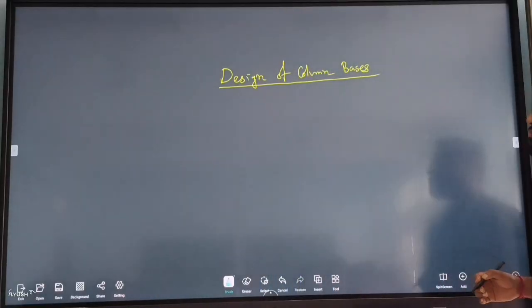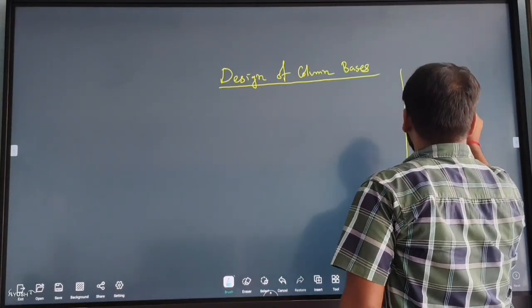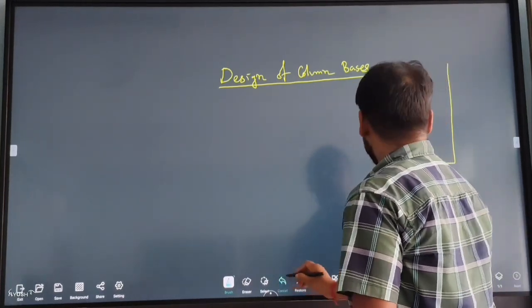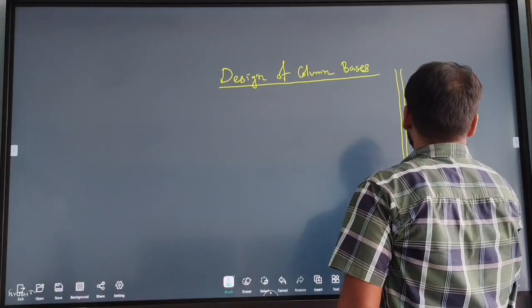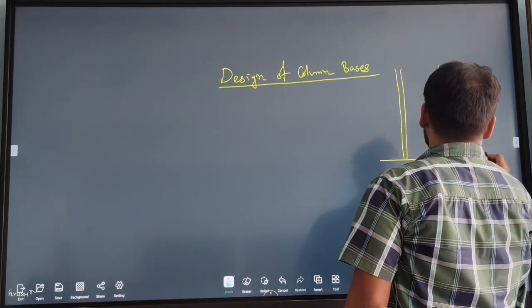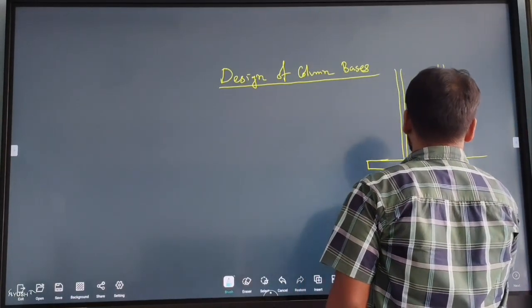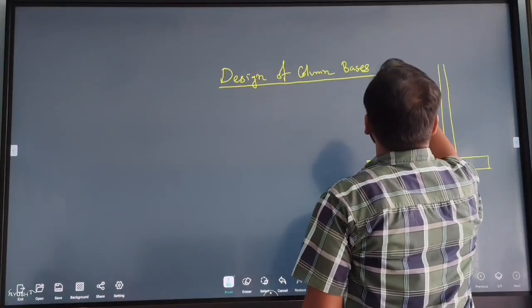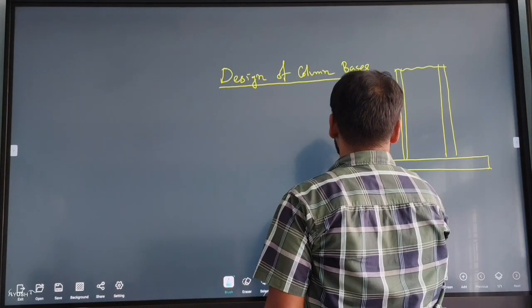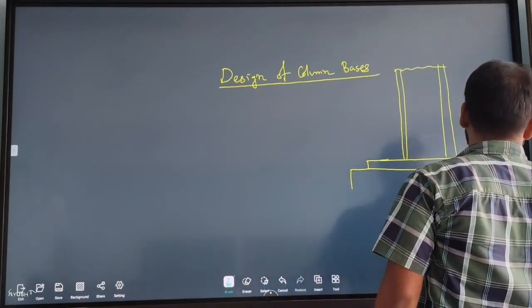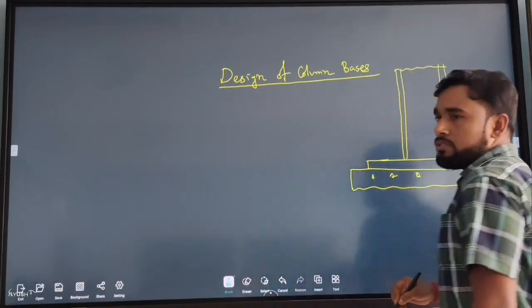So let's draw a column base. Everyone, draw this diagram.